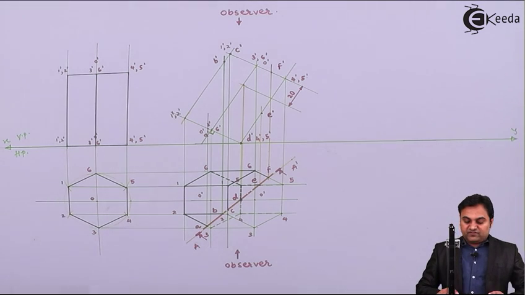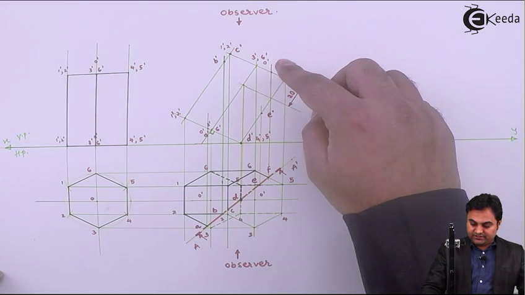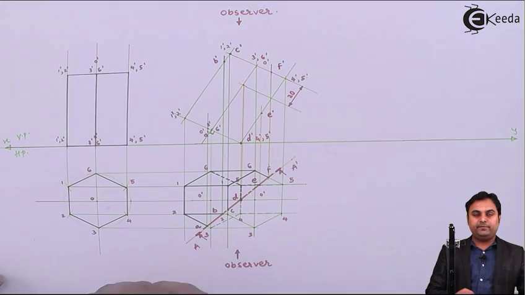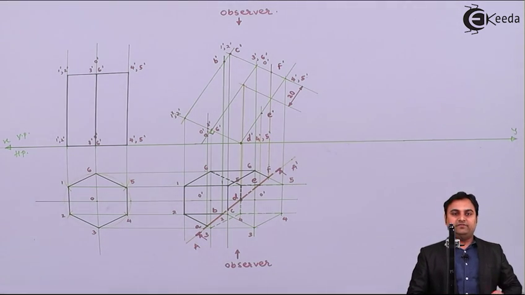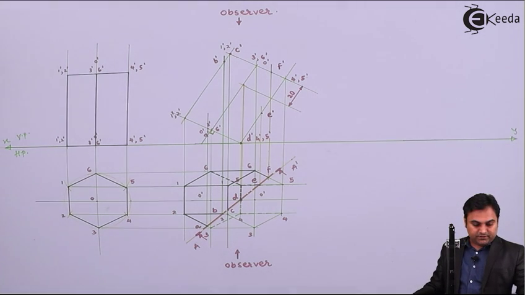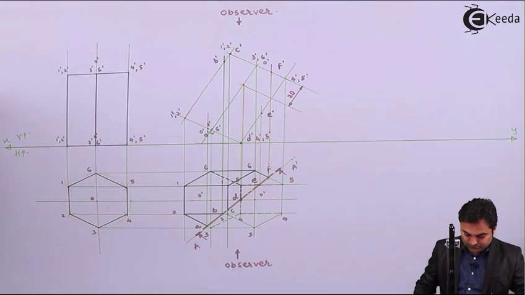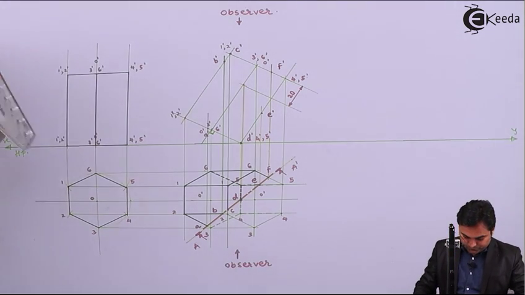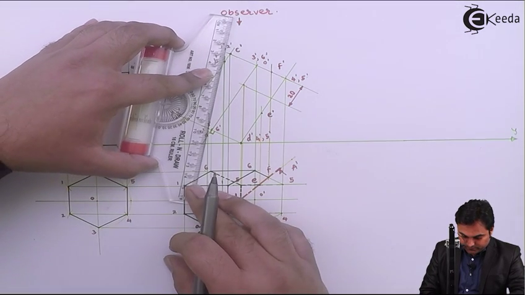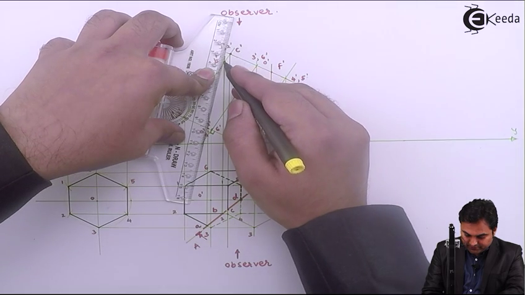So now here we have 6 points, A, B, C, then there is F, E and D. They will be connected in order, and that will be the shape of the cut section. So joining them first with the help of light line. Point A dash and B dash will be connected.